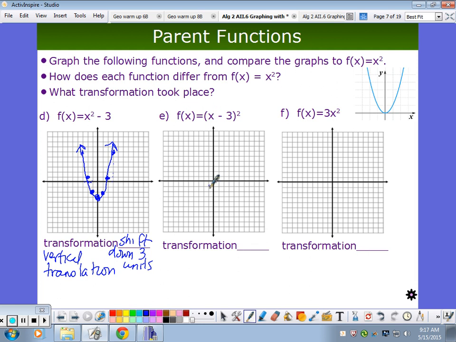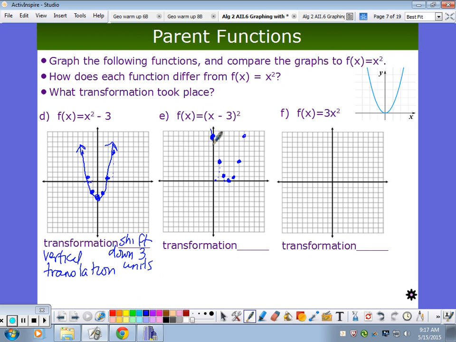So at 0, what do you get there? Minus 3. Square that, you get a 9. That's up here. If I go more negative, it's going to get bigger on this side. Let's try 1. 1 minus 3 is negative 2. So square that, you're at 4. At 2, you get 2 minus 3 is negative 1, square that. 1. At 3, that's your 0. And we're going to bounce right back up again.